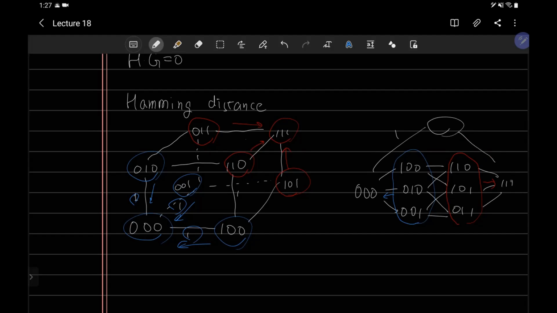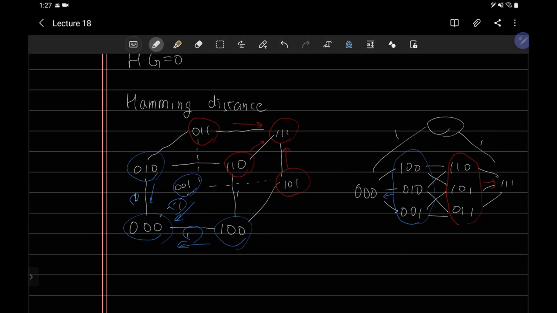And even from 111, there might be some whose distance from 111 is also 1. Of course, there is no such binary number here, but I'm just assuming that there is some number. When this diagram is extremely complicated, then there might be some cases.